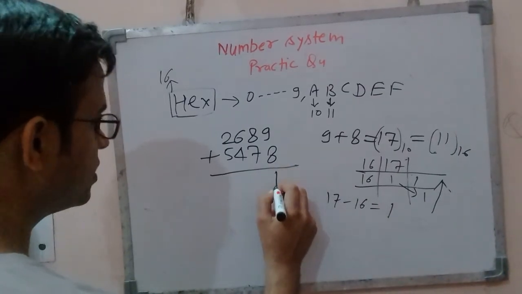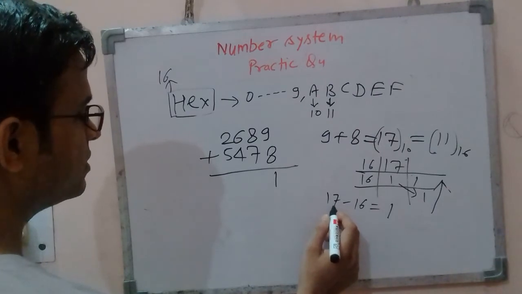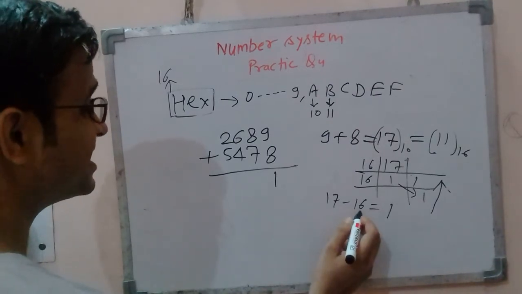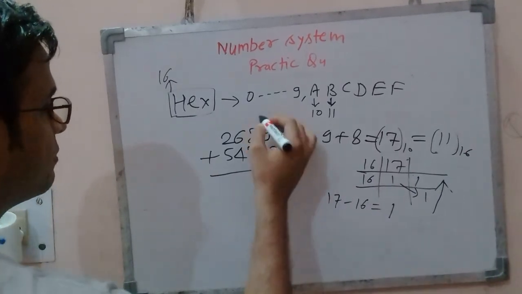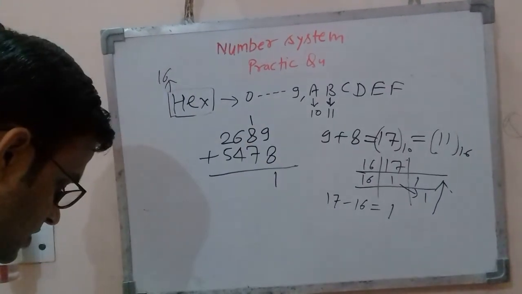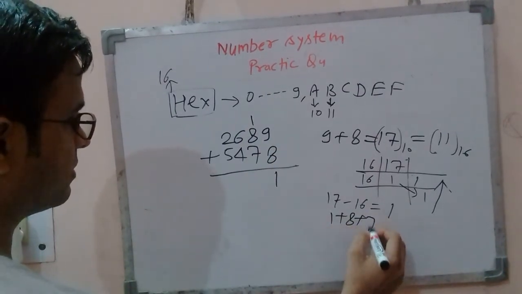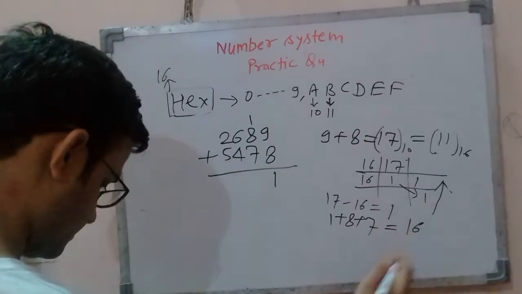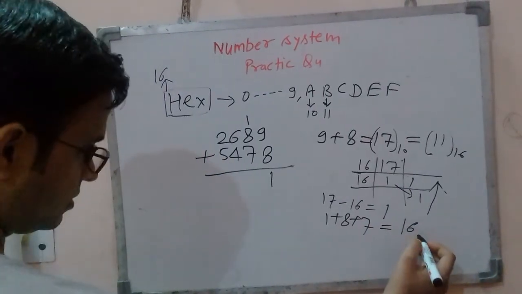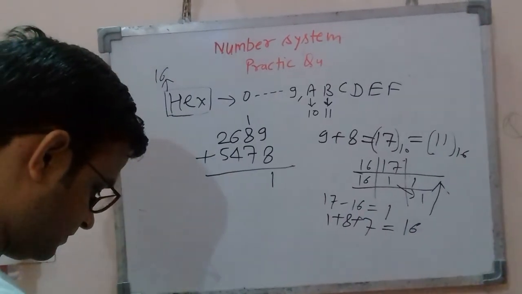So the sum is 1 and the number exceeds 16, the base of the hexadecimal system. That means 1 is carried here. So now 1 plus 8 plus 7. This becomes 16. So the number exceeds 15.